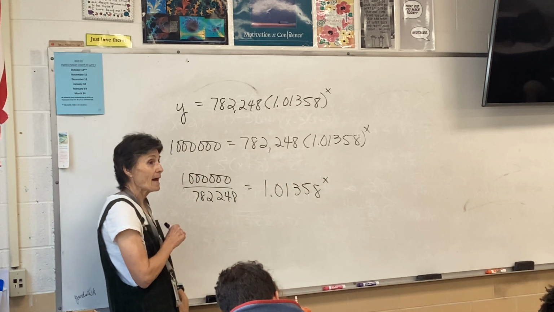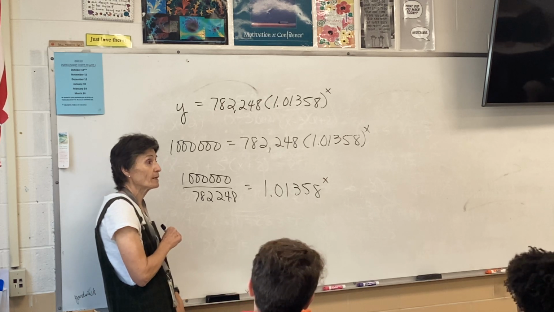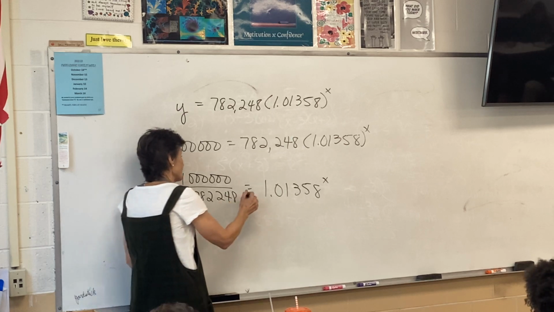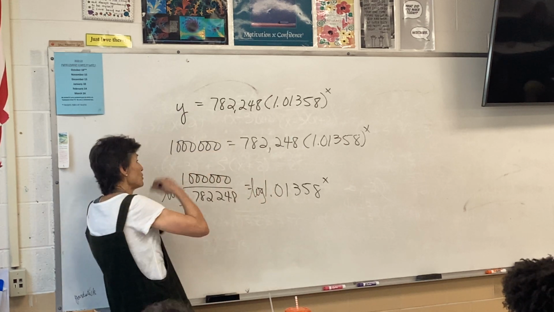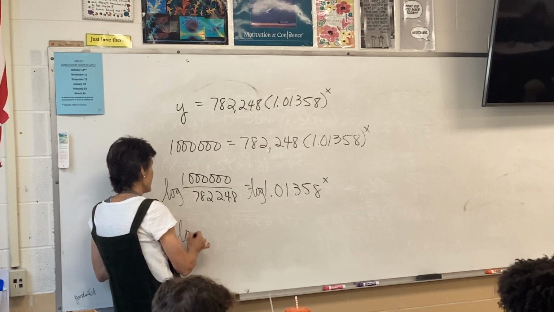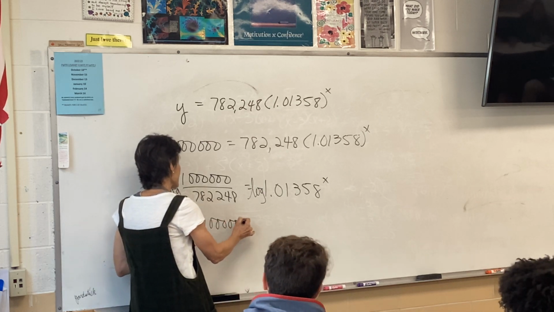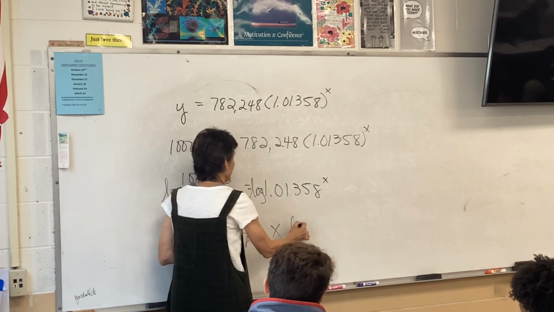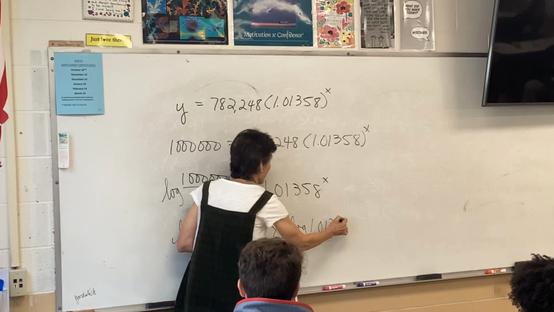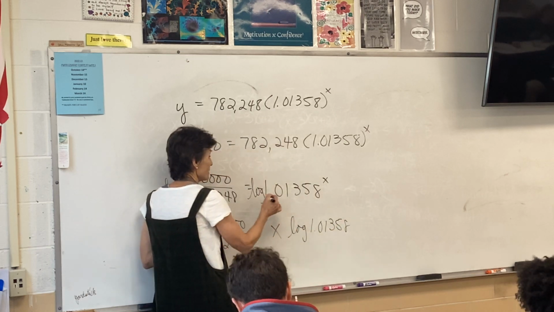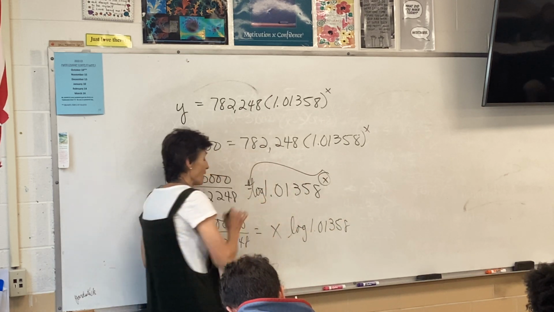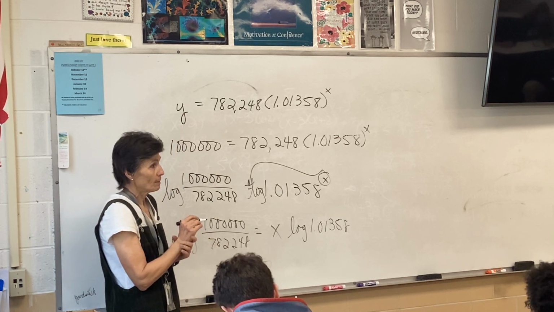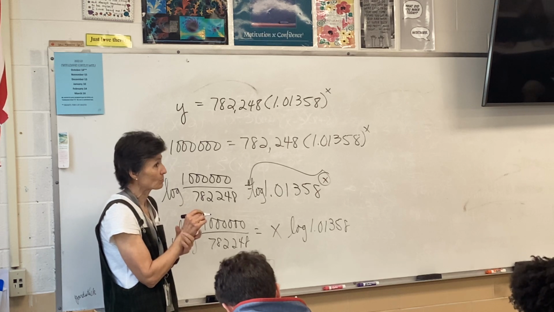Okay? Now, we're going to take the logarithm of both sides. And when we do that, the reason we do that, the beauty of it all, is that it will take that thing that was an exponent and pull it off and put it out in front. Do you remember that? That when you take the logarithm of something to a power, the power becomes a coefficient. That is one of your main properties of logarithms, and it's the most beautiful.